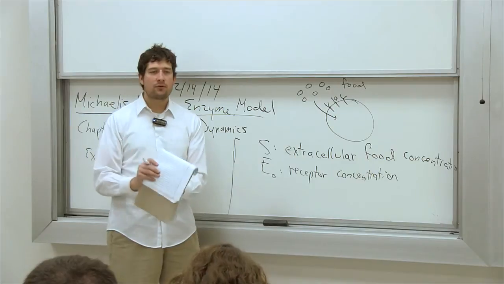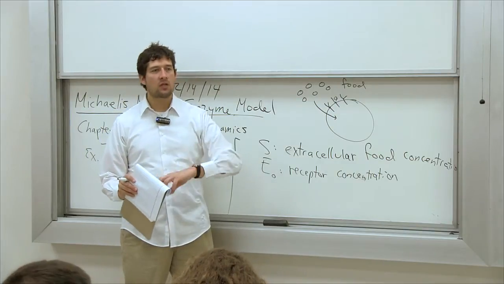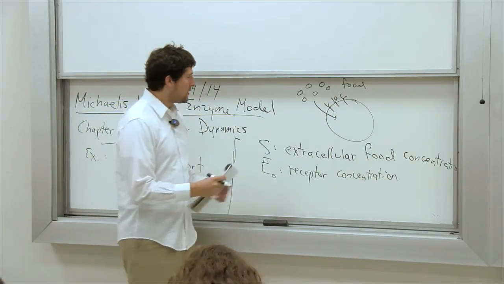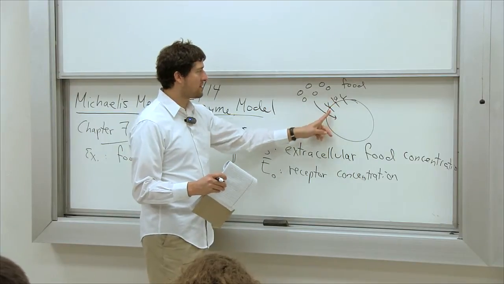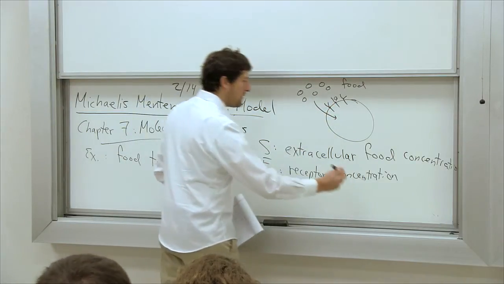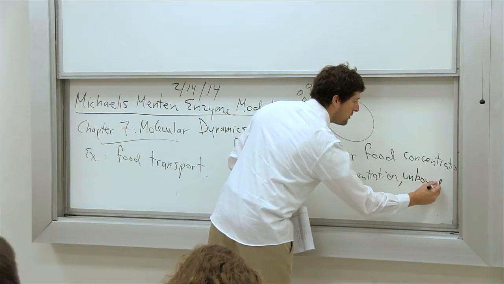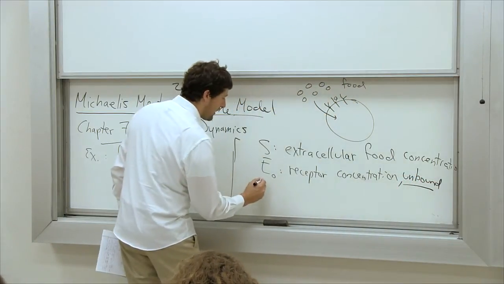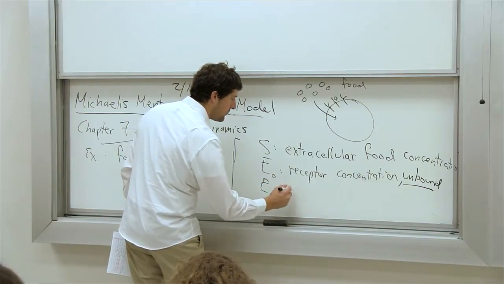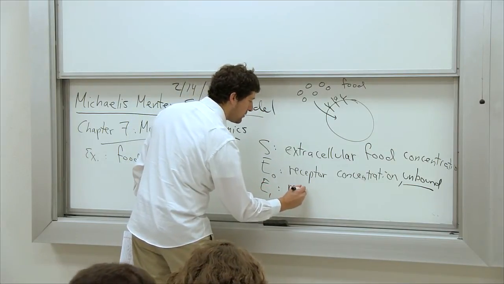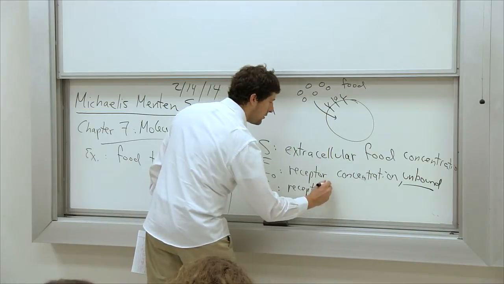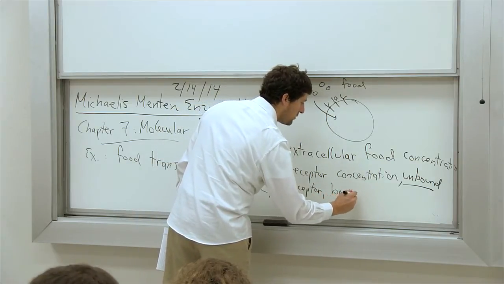There's the receptor bound to the food, and there's a receptor not bound to the food. Because it can be bound or unbound. This guy is bound, this guy is unbound. So E0 is the unbound receptor, and E1 is the receptor bound to the food.